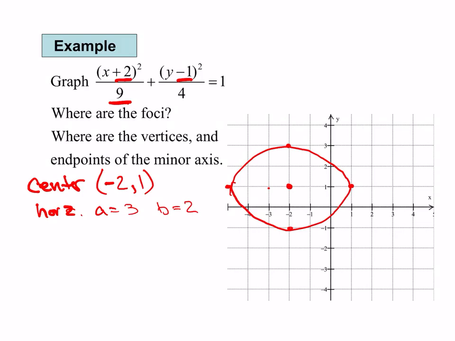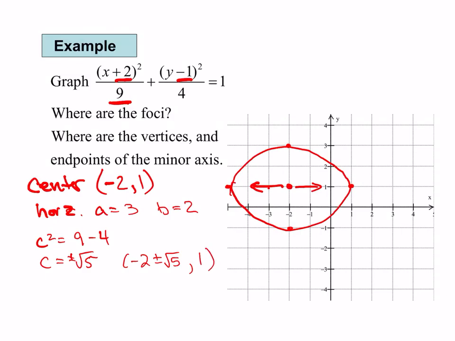Okay, now where are the foci? Well, we know that relationship for the foci, c squared equals a squared minus b squared. So again, we're at that plus or minus square root of 5, but it's from the center this time, so it's going to be plus or minus square root of 5 from there. So we just write it out as negative 2 plus or minus the square root of 5, 1.